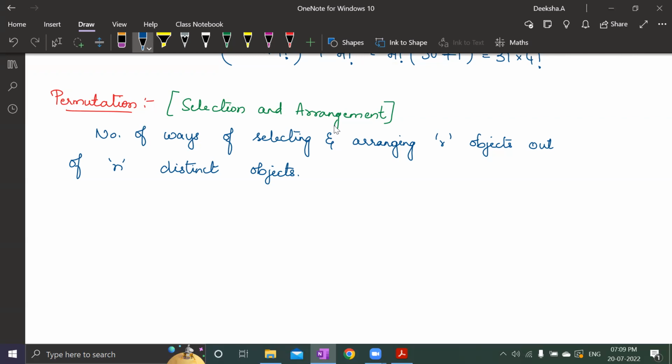So usually questions under permutation will be like arranging letters in a word, forming 3-digit numbers, 4-digit numbers from given digits, arranging people for a photograph, arranging people around a dining table, making people sit for a meeting. So this all comes under permutation.